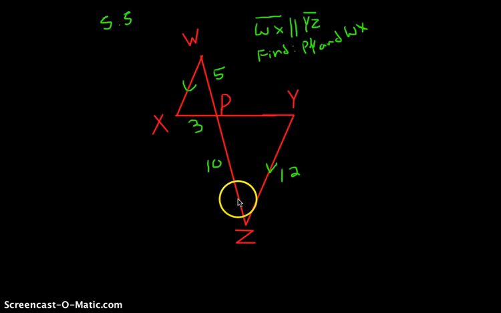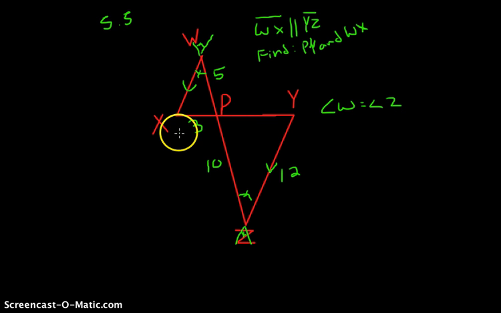Because of that, angle Z is equal to angle W, because this angle right here is equal to this angle right here. And because these are vertical angles, this angle is equal to this angle, and this angle is equal to this angle, so these two angles are equal. So we write down angle W is equal to angle Z.